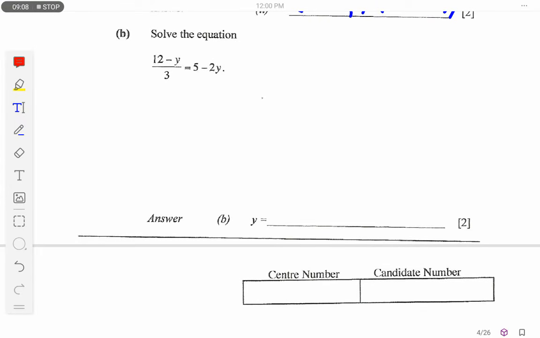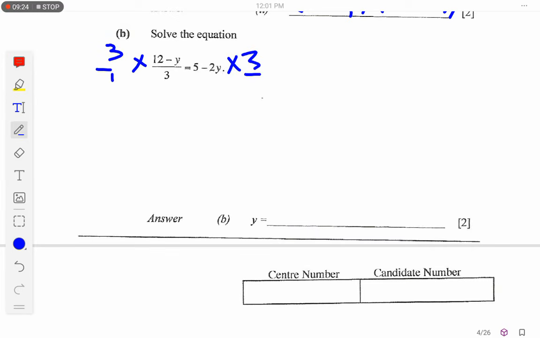They are saying solve for this equation. So you find out here on the left side we've got a fraction, and on the right side we don't have a fraction. So what we do, we multiply both sides by 3 over 1.